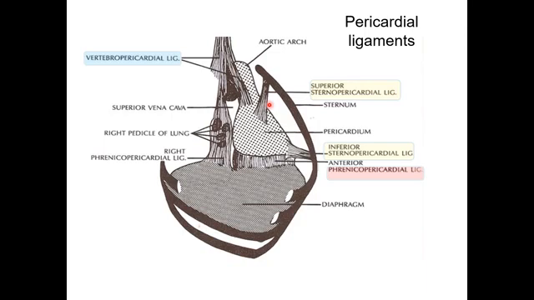So the heart becomes fixed anteriorly by the sternopericardial ligaments, inferiorly by the phrenico pericardial ligaments, and posteriorly by the vertebropericardial ligaments. هاي الطبقة الأولى الخارجية كلش مالت البريكارديوم اللي هي ثبتت الهارت بمكانه.